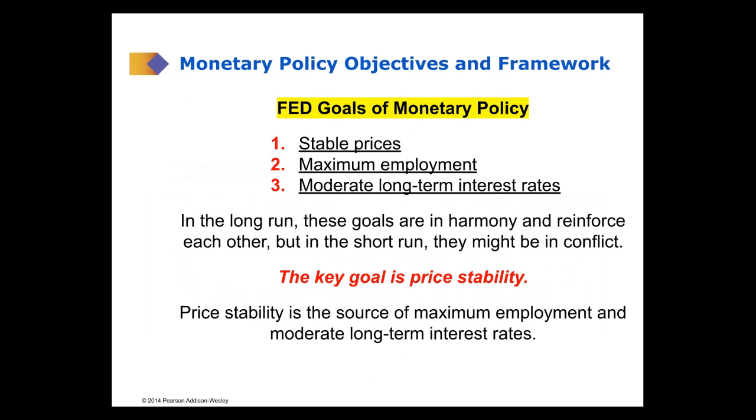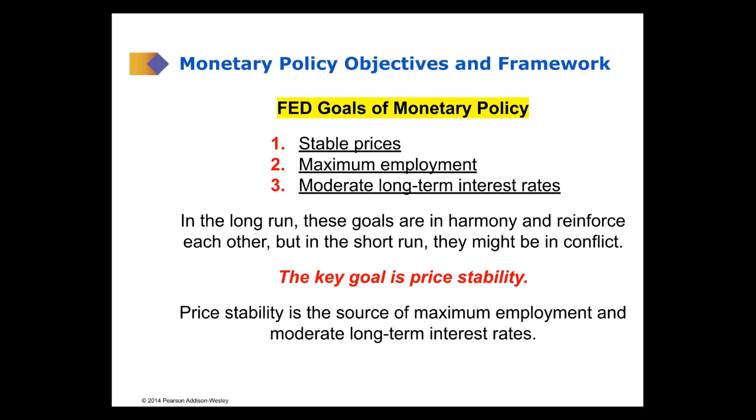So the Fed's goals for monetary policy are threefold: to stabilize prices. We don't want to have too much inflation or too much deflation. To maximize employment, to make sure that we're as close to full employment as possible, and to moderate long-term interest rates so they are smooth and predictable and can be the basis of good economic planning and contracts.